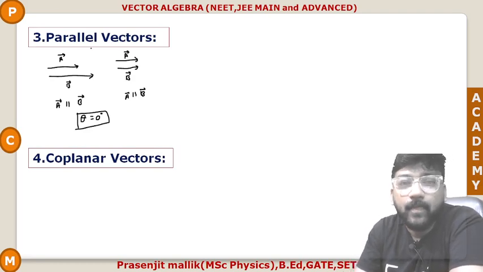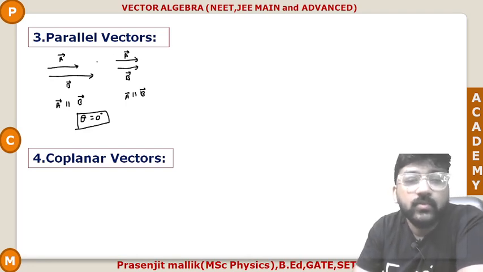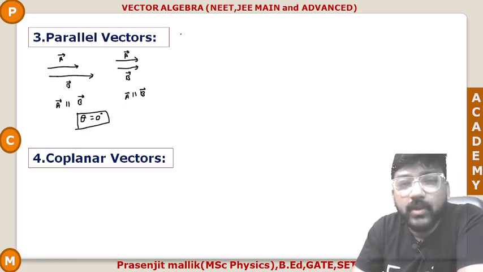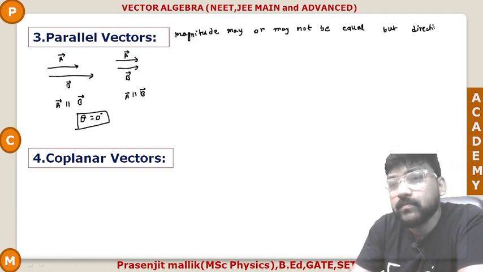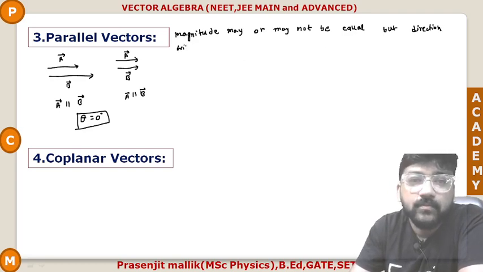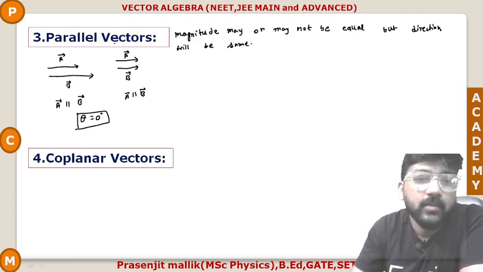But parallel vectors will not necessarily be equal. Magnitude may or may not be equal, but direction will be the same. So this is your parallel vector.